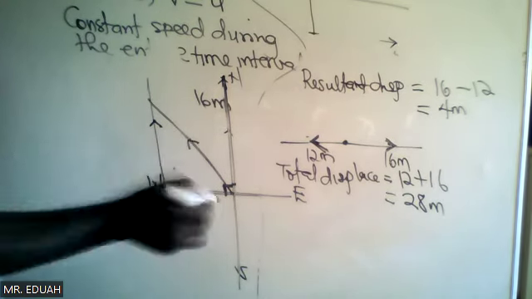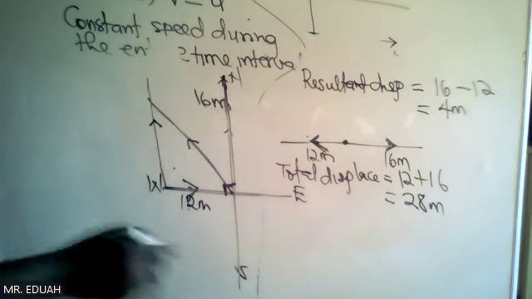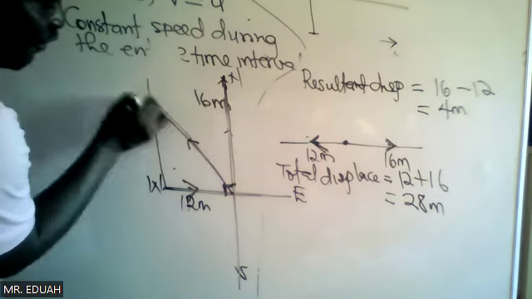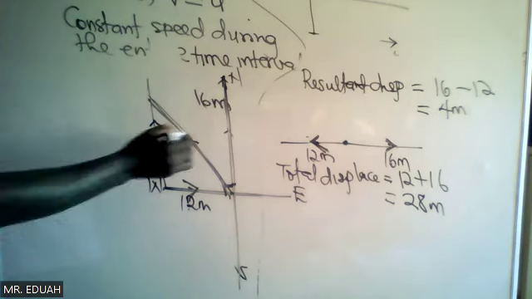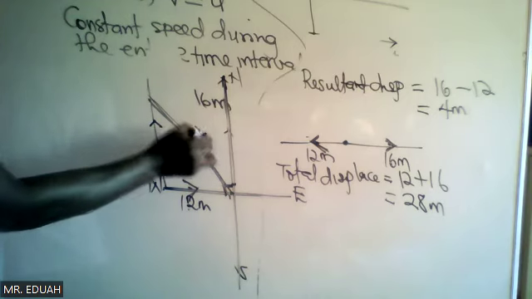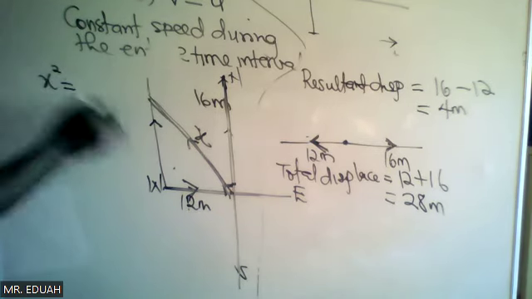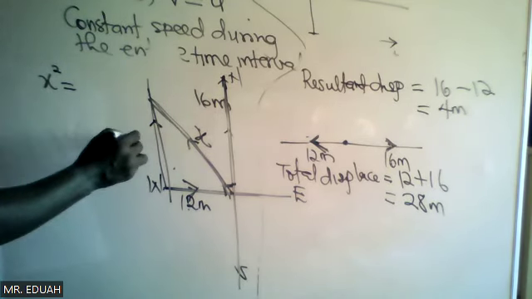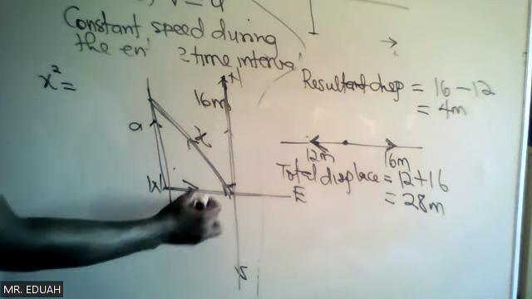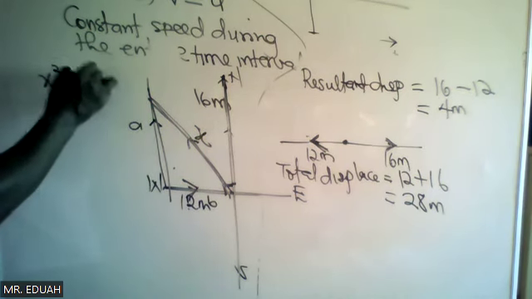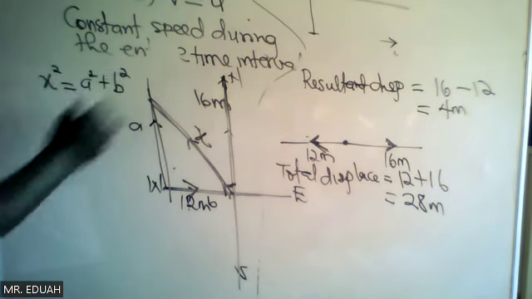When we come to vectors, you will understand better. But it's like we are looking for the hypotenuse. The hypotenuse, if it is x, squared will be equal to this side, maybe a, this side is b. So a squared plus b squared.